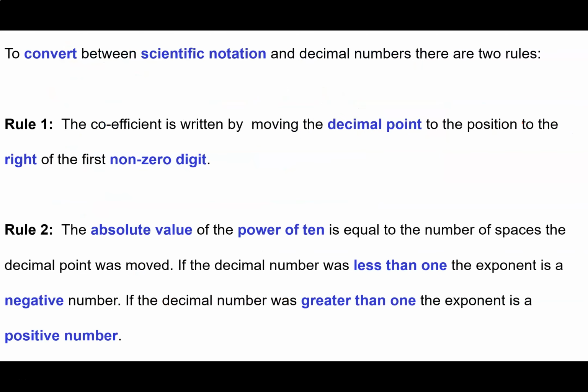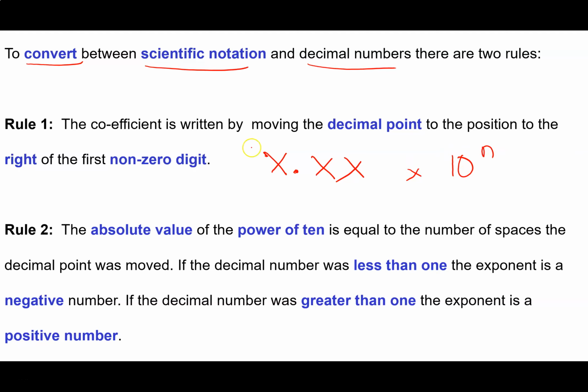So you're going to need to learn to be able to convert between scientific notation and regular decimal numbers in both directions. So you have to write two things, right? We always have a coefficient, with one non-zero number to the left of the decimal point, and then that's going to be multiplied by a power of 10.